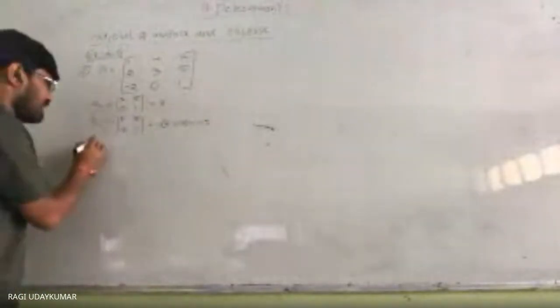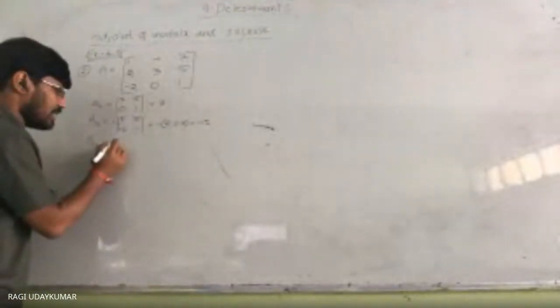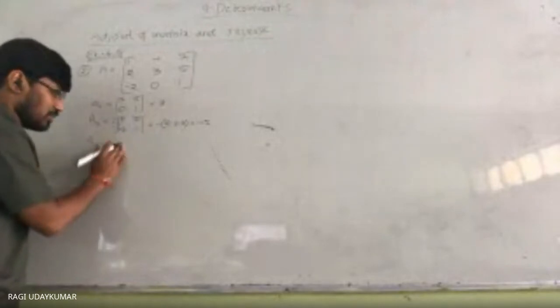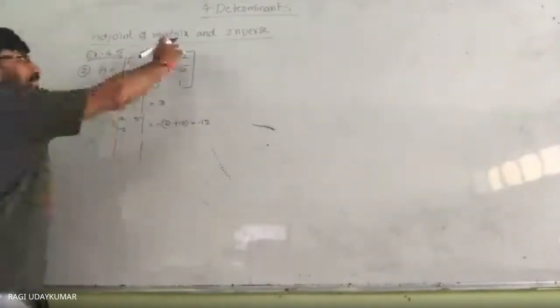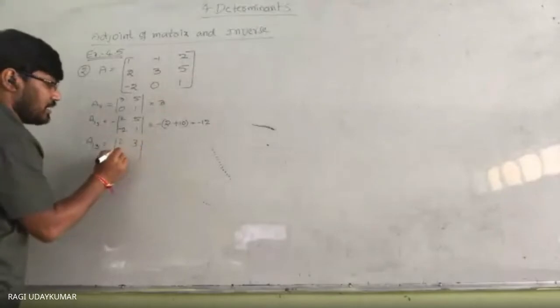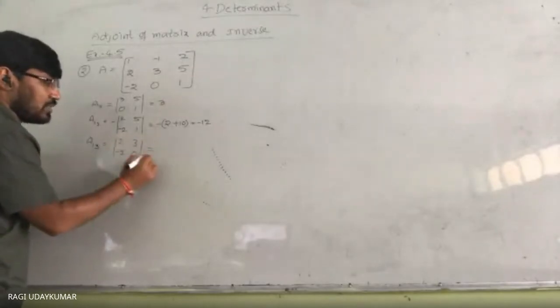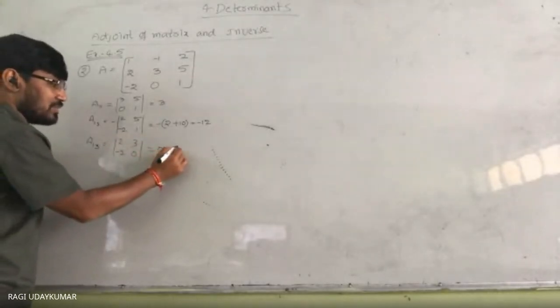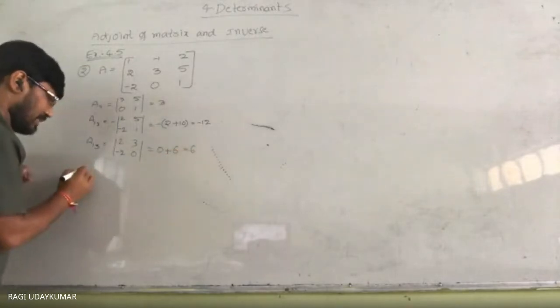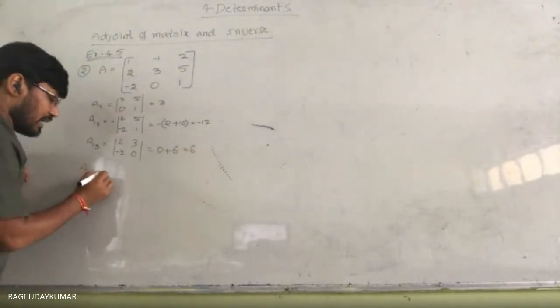A13 is plus, the determinant of 2, 3, -2, 0, which is 0 minus of minus 6. So we get 6. A21, second row first column.